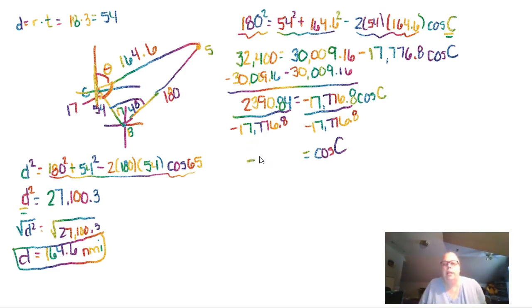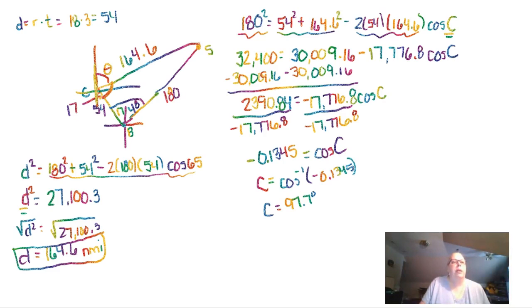This gives me negative 0.1345. So if the cosine of angle C is negative 0.1345, then angle C is the inverse cosine of negative 0.1345. Be sure you're in degrees when you find this. That gives me 97.7 degrees.